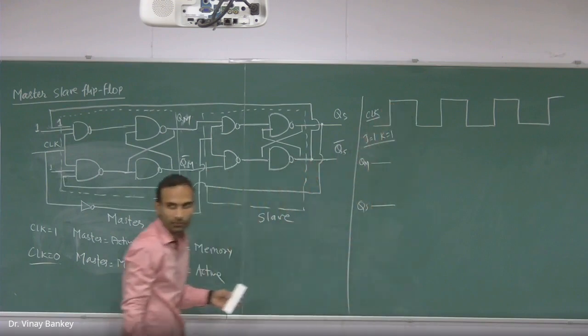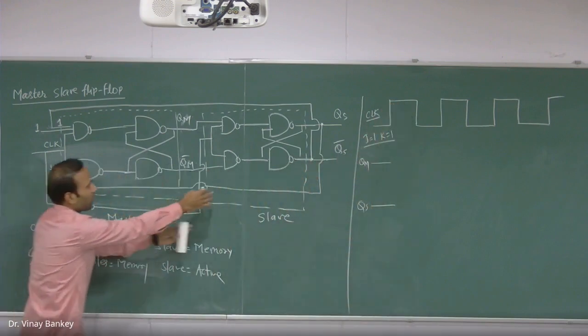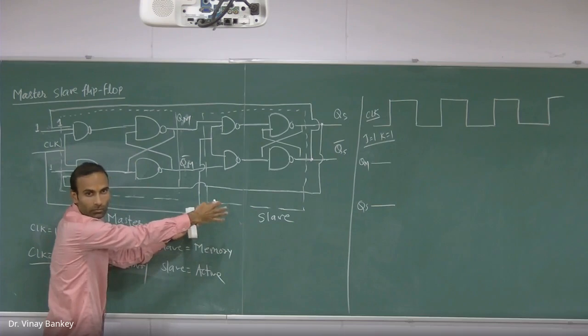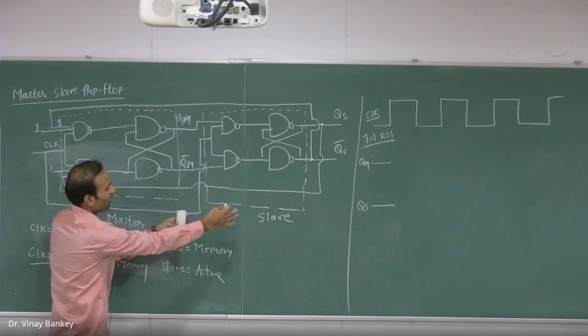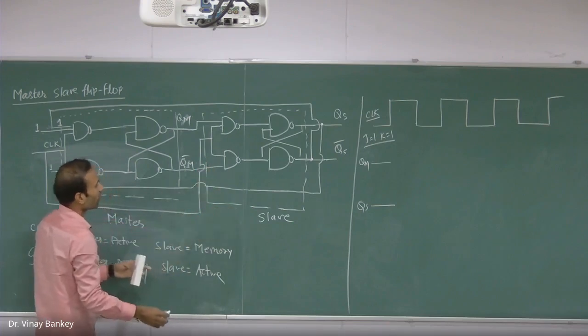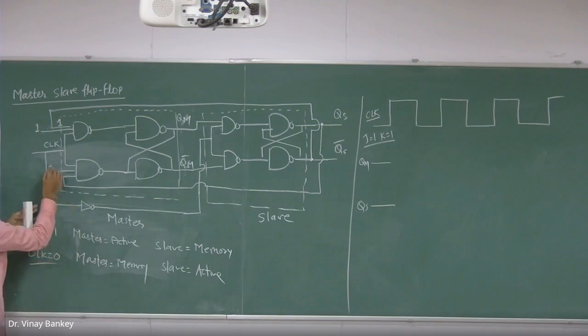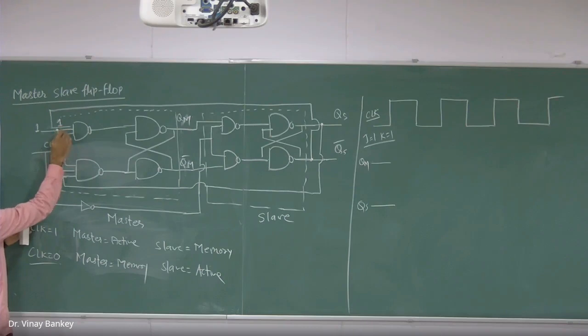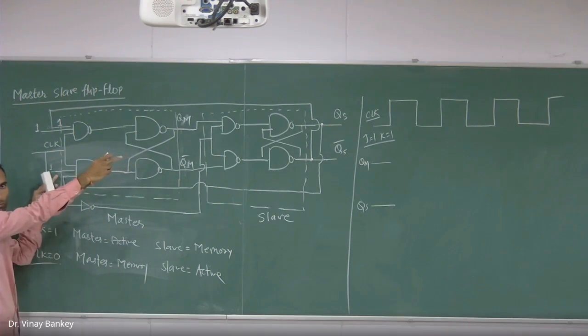Clock pulse is high, so this whole slave circuit will be in memory state. And here all of these 3 inputs are 1, 1, 1. However, we have 0 in front of this because we assume QS is 0, and that is feedback connected here.